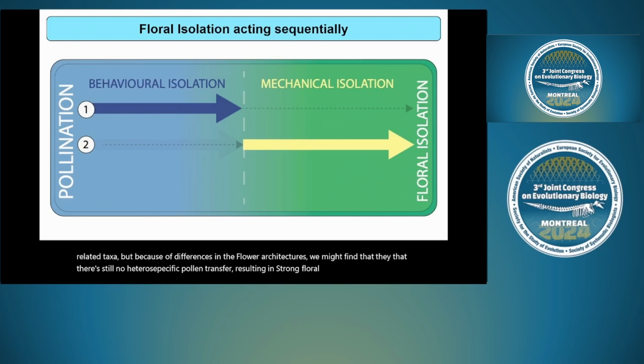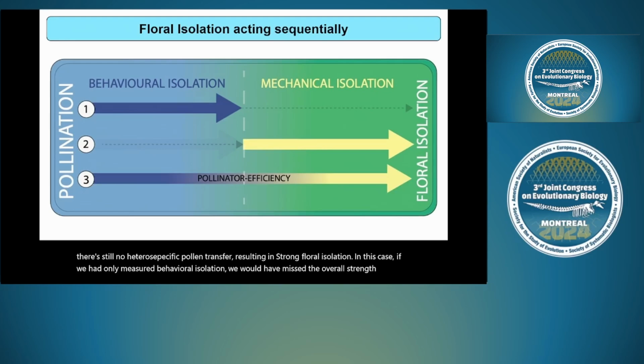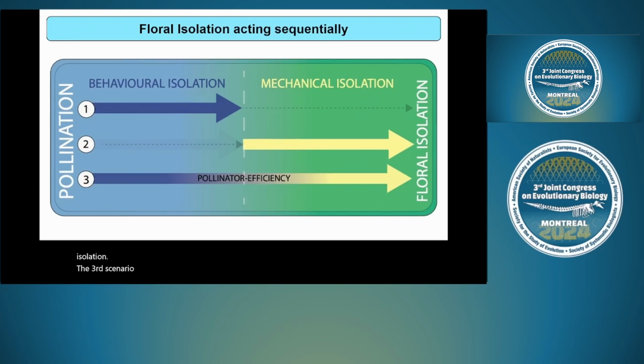In this case, if we had only measured behavioral isolation, we would have missed the overall strength of floral isolation. The third scenario is where we measure both behavioral and mechanical isolation using pollinator efficiency data. And this is usually the way that it is likely acting in the field.